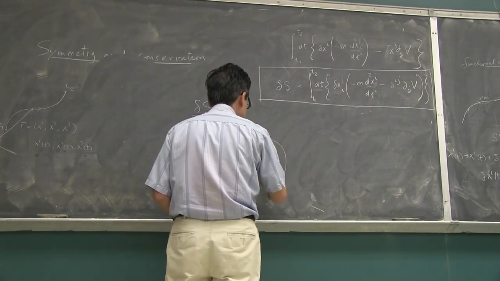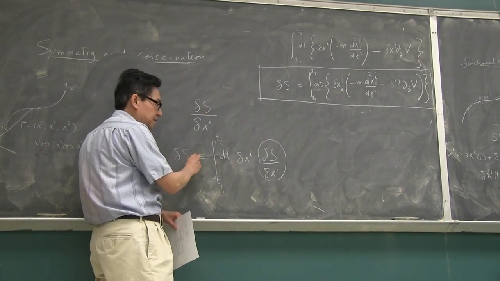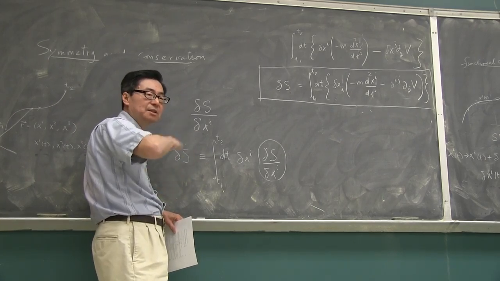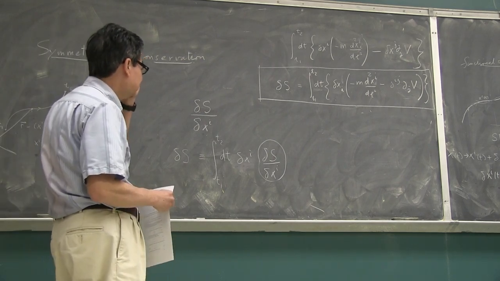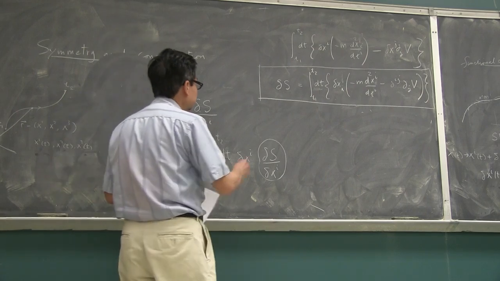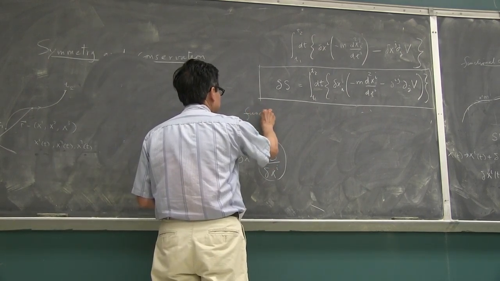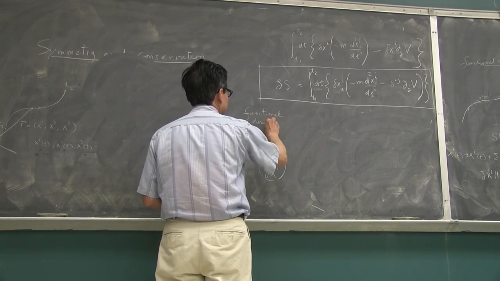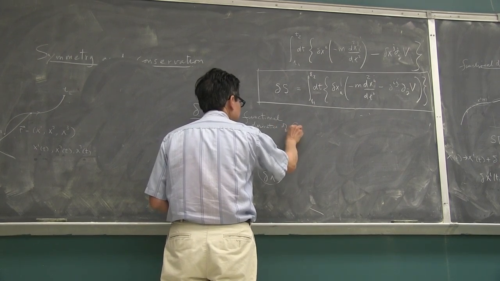This thing is called functional derivative. Defined in this way, this thing is called a functional derivative. The way I write things, 3 lines means a definition. Okay? 2 lines means just an equality. Okay? So this is called a functional derivative of the functional s.